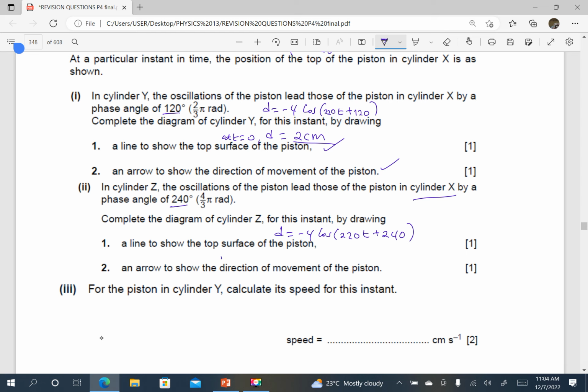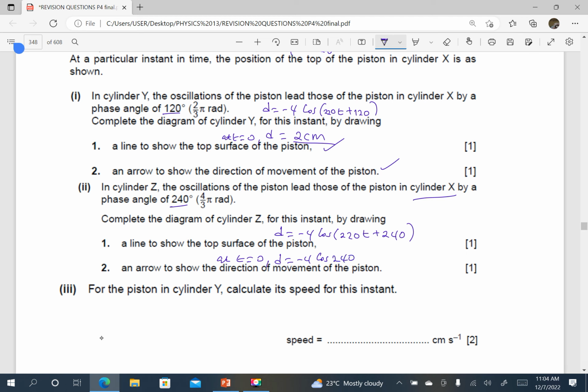So we now check at t equals 0. For X to be at negative 4, how about for Z? Z will be at a displacement of negative 4 cos of 240.